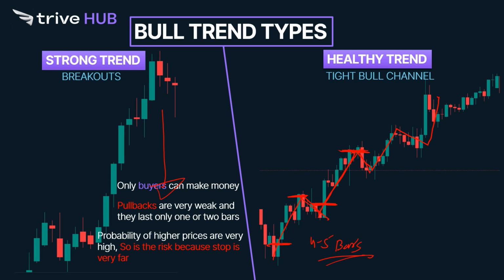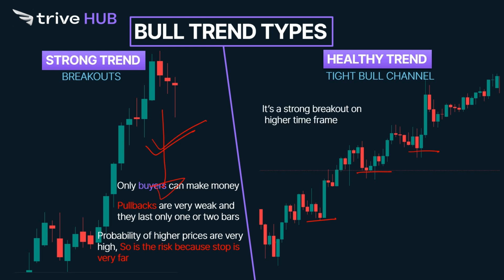The risk of losing unrealized profit is less in comparison to strong bull trends, and these pullbacks offer new entries for left out players. On a higher time frame this chart will look like a strong breakout, but it has reasonable opportunities and profit booking along the way.